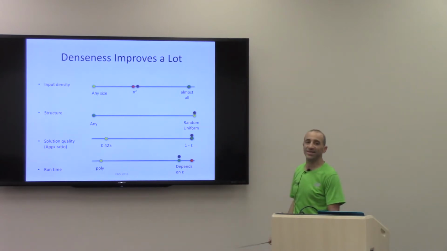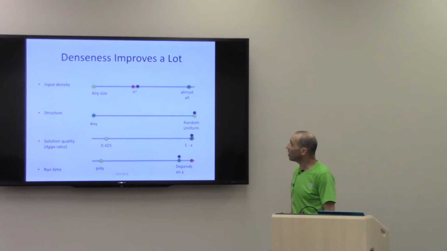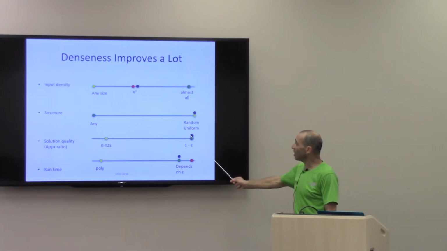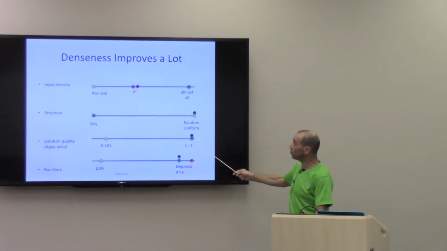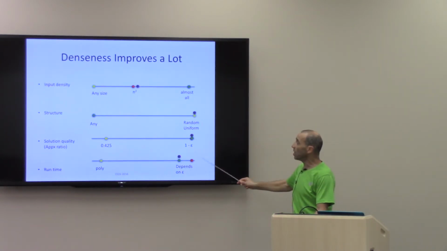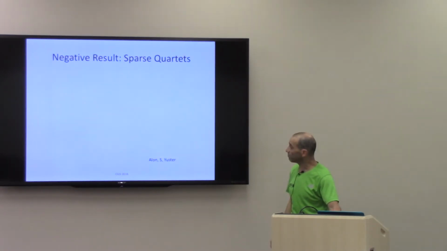Still, we needed the structure. We needed the randomness here. 1 minus epsilon. Okay, so we went all the way from here to here. 1 minus epsilon, but running time is proportional to 1 over epsilon.